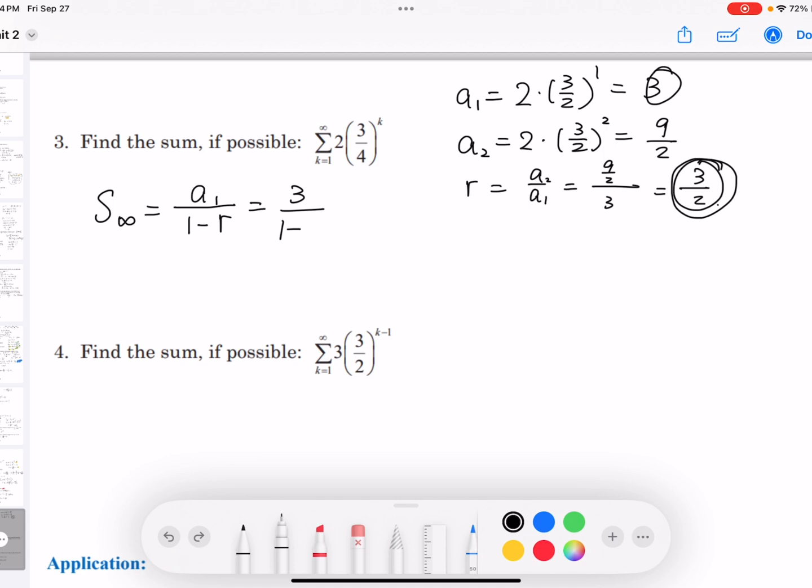I copied the wrong question. So here is 4, it's not 2. My bad. And also the previous one has a problem. Here is also 4. My bad. So let's erase this part. So a sub 1 is 2 times 3 over 4. It is 3 over 2. And a sub 2 is equal to 2 times 3 over 4 squared. So 16 divided by 2. The bottom is 8.